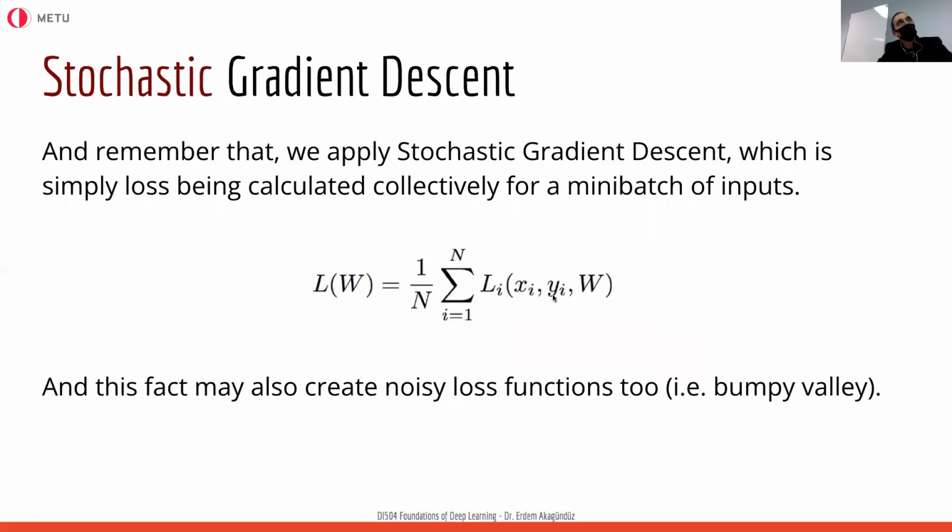So you calculate the loss for a number of inputs using the ground truth for those inputs. If the mini batch is n, this is the loss you get. Simple, you just sum them up. That's the total loss. And when you're calculating the loss, you calculate the partial derivative of the loss with respect to this sum.